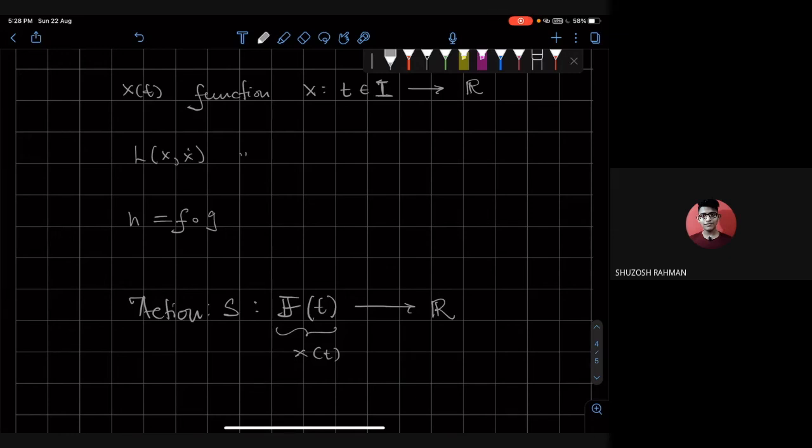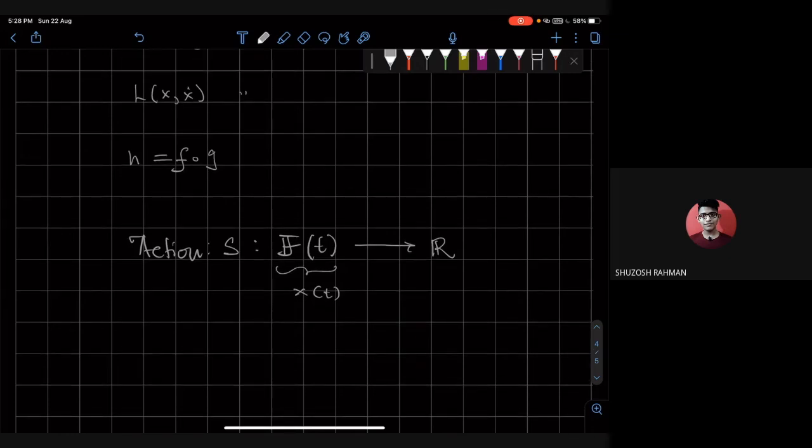Okay, so this is the action. So the action is a map from the space of functions to the real numbers, or the complex numbers for that matter. These things are called functionals. So the action is a functional, okay?